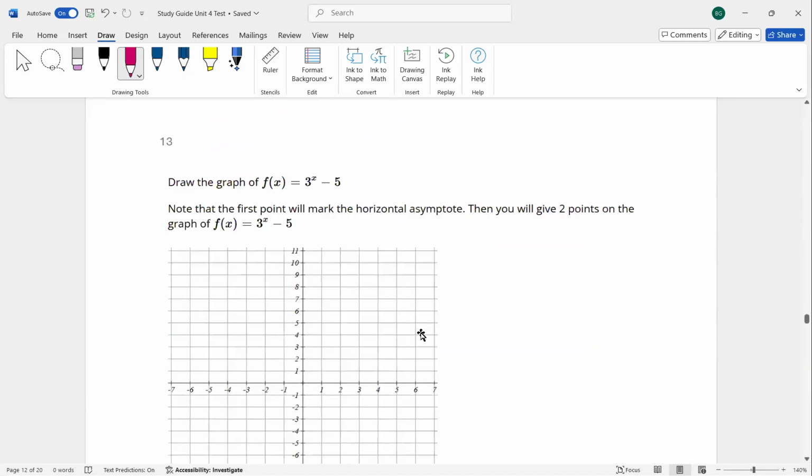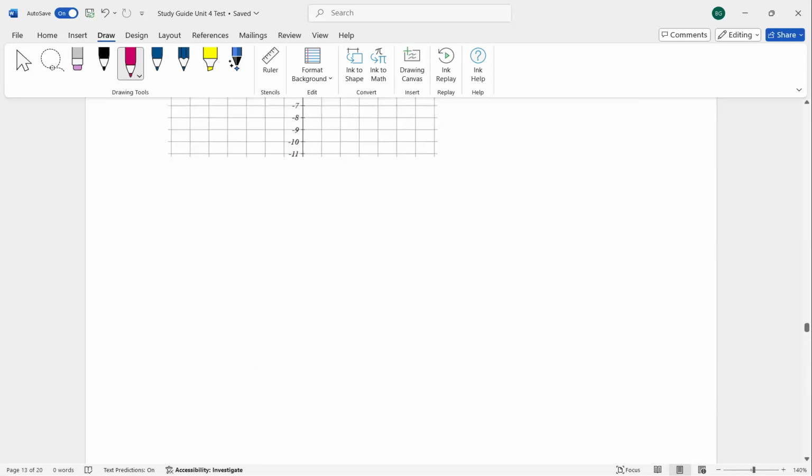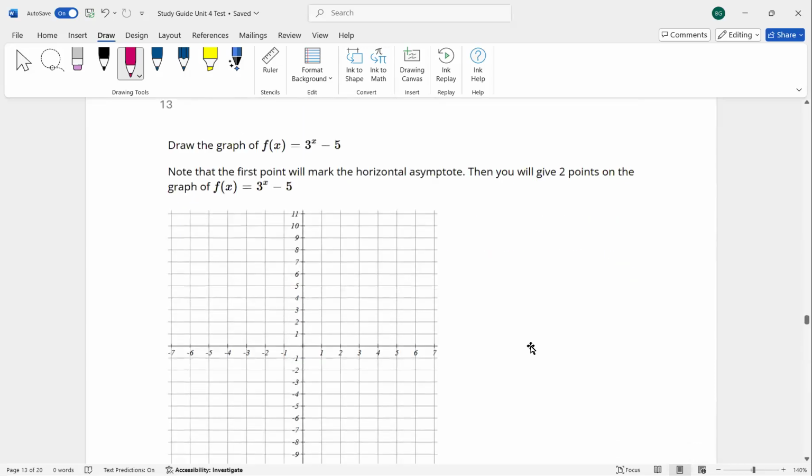Next, question number 13. Draw the graph of 3 to the power of x minus 5. This is also doable. Since this problem is on the review, you would need to know how to do it, right? And the question instructs you in detail. The first point will mark the horizontal asymptote. Then you will give 2 more points on the graph to accomplish the graph here.